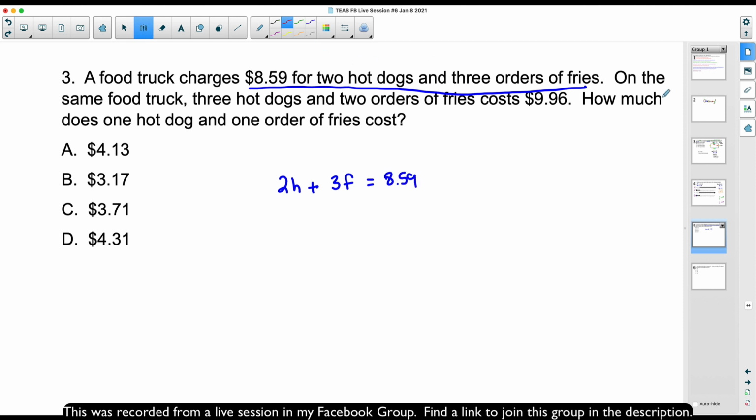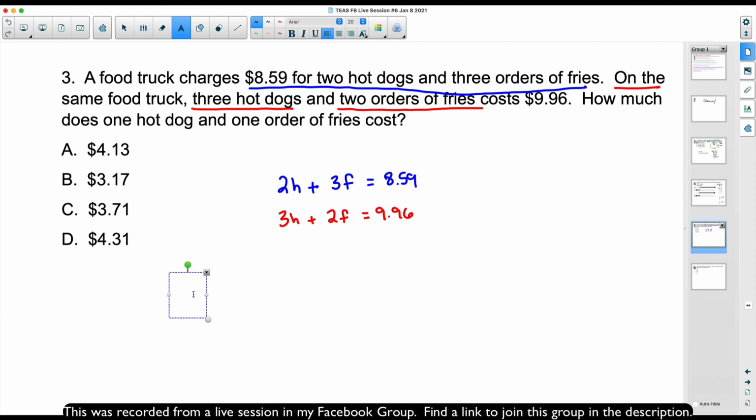Let's read the second sentence. On the same food truck, we have 3 hot dogs and 2 orders of fries. So 3 hot dogs, 2 orders of fries. This is going to be $9.96. This is called a system of equations.